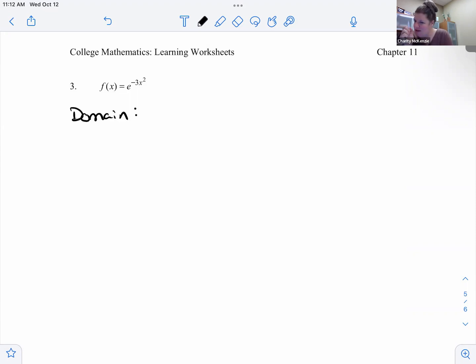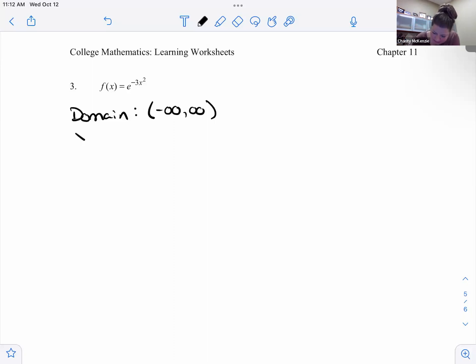No. So we are blocked by what we get out of the function, but we can put any number we want in there, a negative, a positive. It's just a number to a power. So our domain is really all reals, which you have often in a lot of your functions, unless you have an x in the denominator or a square root where you have to be positive. So there's our domain.